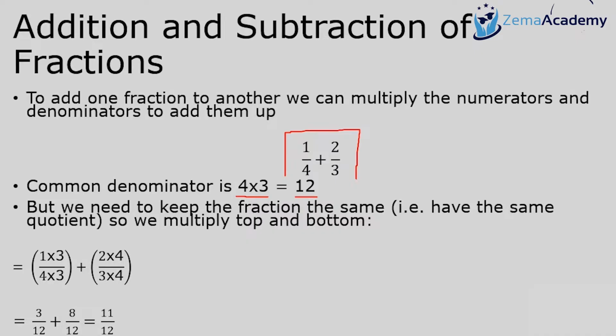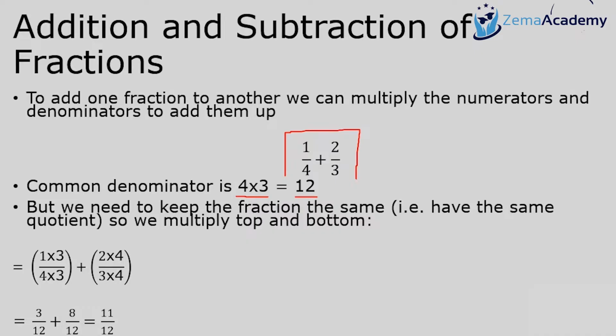We can change the denominator, but if we do that, we have to keep the fraction the same. It needs to have the same information in it, and that means that when you put it into a calculator, you need to get the same quotient out.